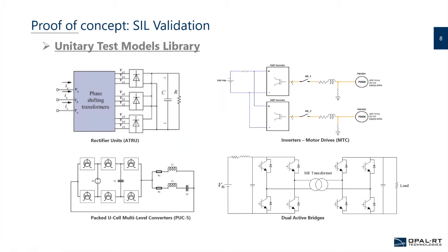So for each family of these circuits, we tested the different topologies that we can find. For example, for this rectifier here, we show the 18-diode topology. We can find the 12 and we can find the 6 also.